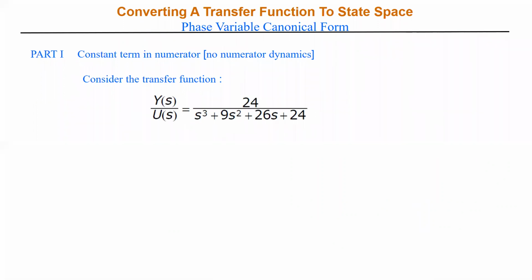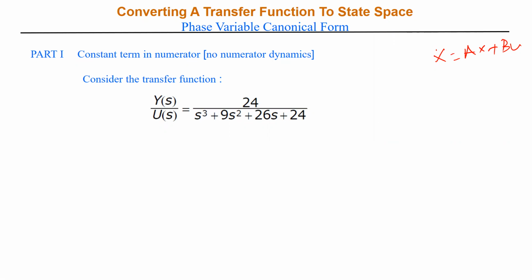How do I find the state space, x dot equals Ax plus Bu? We will do it in a systematic way. You are absolutely right, we did it at the beginning for the rocket example and the RLC circuit. You can do it directly.